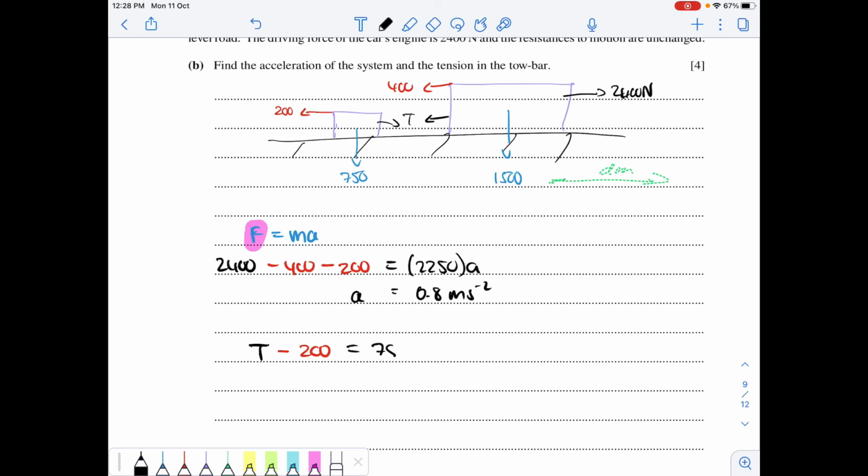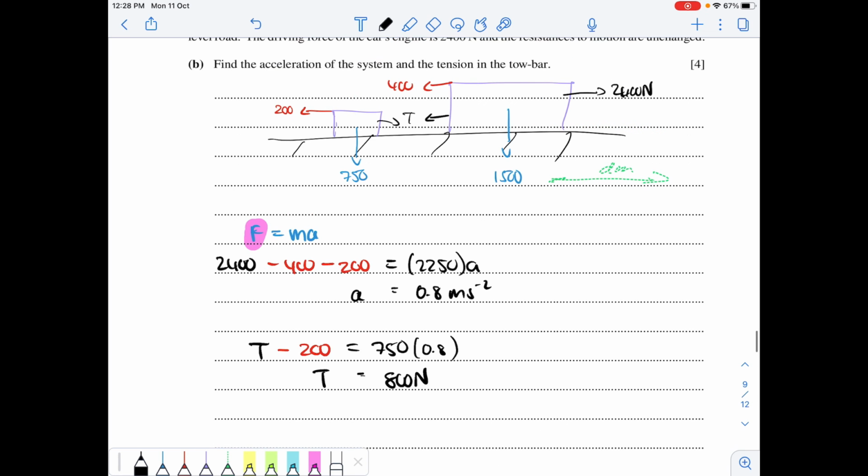The mass of the trailer is 750 kilograms, and because the system is connected, the acceleration of the whole system must be the same as the individual components. So solving for T, we can take 750 times 0.8, and we can add 200. And that will give us 800 newtons.